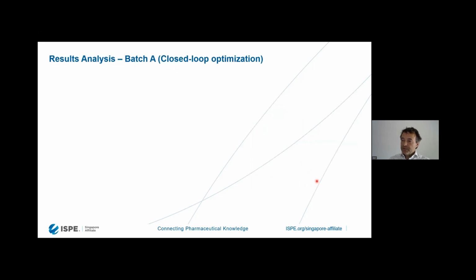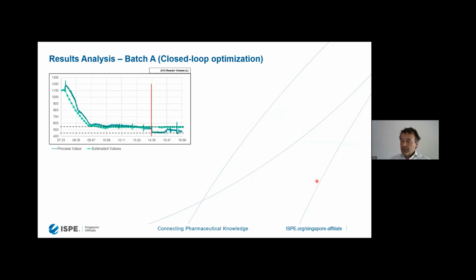So here we have some results of one of the batches that was performed. Here we're looking at the reactor volume. So this was the first batch where the model was running online in parallel with the actual process. So the model is the digital twin because it runs in parallel with the actual.